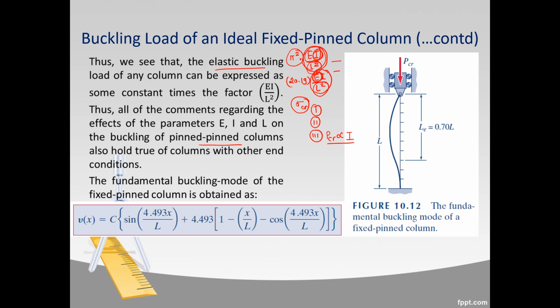And one way to increase this value of moment of inertia is by using thin tubular members. For example, for this circular column, we can use a member with a thin wall so that our cross-sectional moment of inertia is increased.